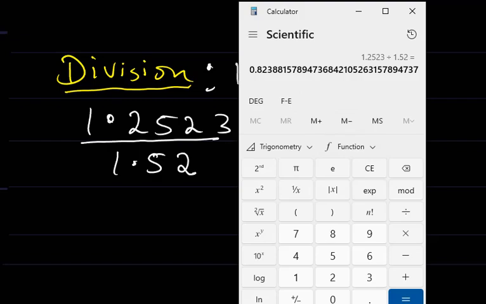Now the number with the lowest significant figures here is the denominator, which has 3 significant figures. So invariably, to approximate this, my answer is going to be 0.83. Of course, at the 3 significant figures of this calculation, the digit is 3, and the number after it is 8, which is up to 5.